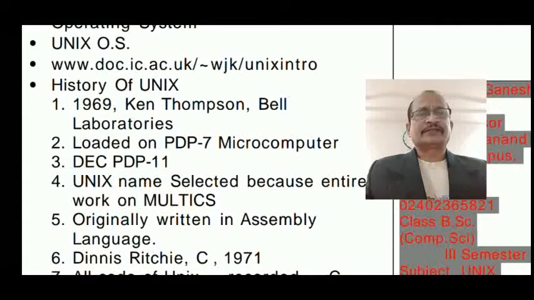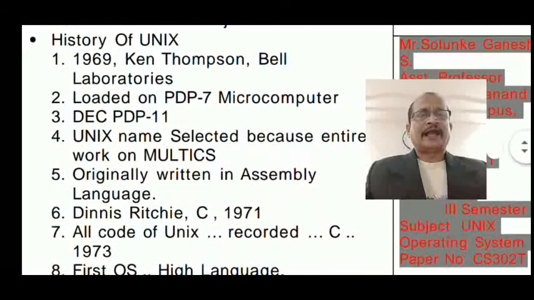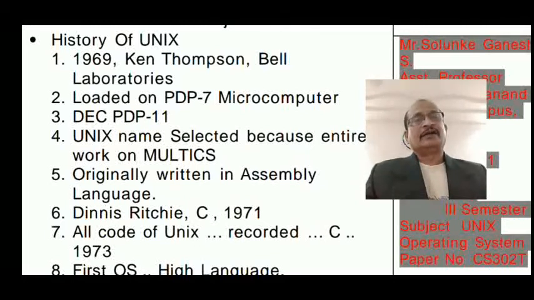Unix operating system was written in assembly language. You know that in 1971 the scientist developed the C language. And you know that C is a middle language, meaning you can write programs in C at a high level as well as at a low level, that is in assembly language too.